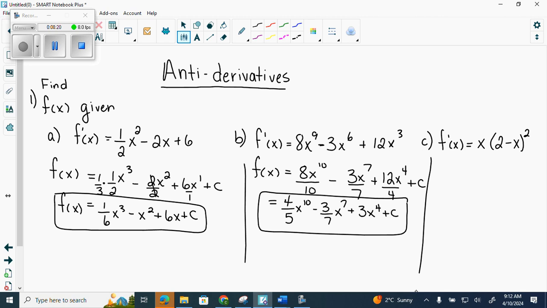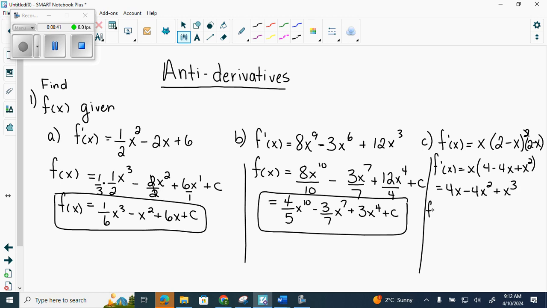Okay? All right. So we have f prime of x equals x, and then remember I told you if you have that, always write it out twice so you don't miss that middle term. So we get 4 minus 4x plus x squared. So we get 4x minus 4x squared plus x cubed.